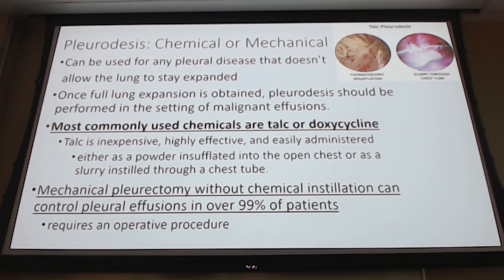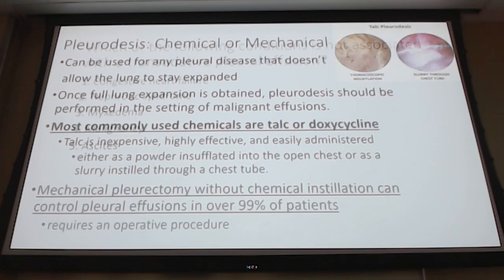So it's not necessarily using any chemicals, we're actually physically hurting the lining of the pleura, okay, so that when we re-expand the lung it scars into the chest cavity. Okay? Yeah, it's brutal. I've seen it once and it was like, ugh, it made me hurt. Okay? So there's 2 different ways that we can do pleurodesis.